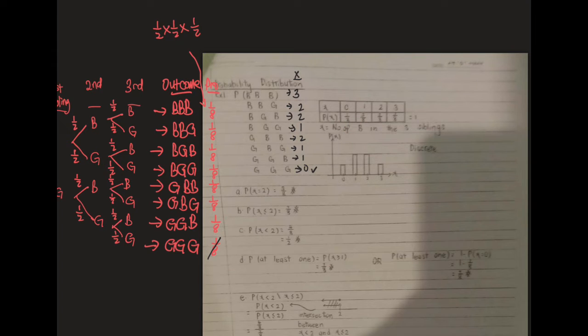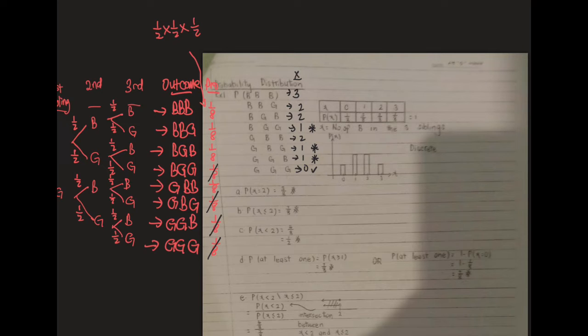So this one and this one have been used. 3 over 8. I mark it with a symbol. So it's this one, and this one. So 3 over 8. Now let's look at the next one.